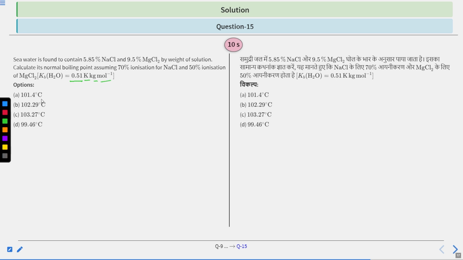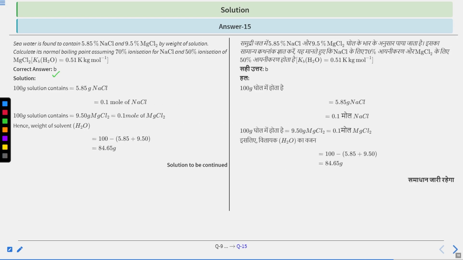Options are 101.4 degrees Celsius, 102.29 degrees Celsius, 103.27 degrees Celsius, or 99.46 degrees Celsius. You have 10 seconds to solve this question. After that, we will see the answer. Okay, so the correct answer is option B.